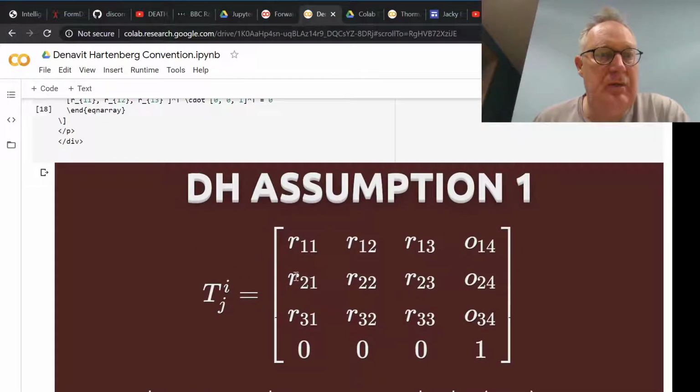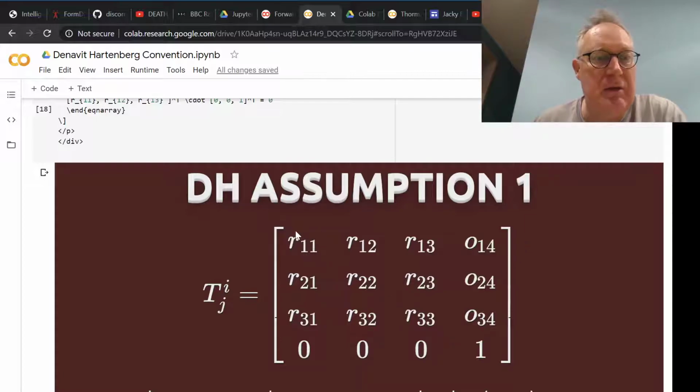Now, if I take that matrix and multiply it by the vector x, then vector x will be 1, 0, 0, 0, 1 in homogeneous coordinates. Right? So that means I get 1 times R11 plus 0, 0, 0, which gives me R11. And then I get R21 multiplied by 1, R31 multiplied by 1, and so on and so forth.